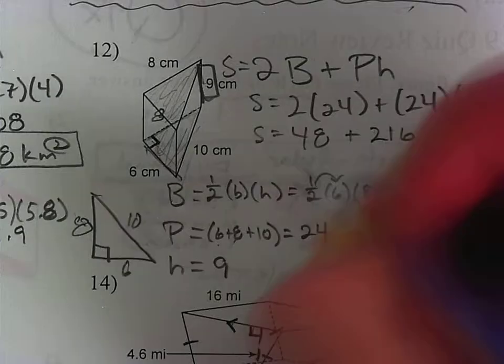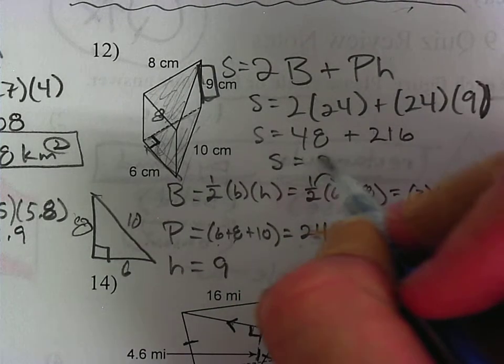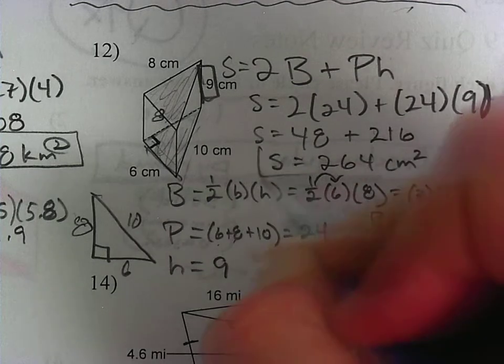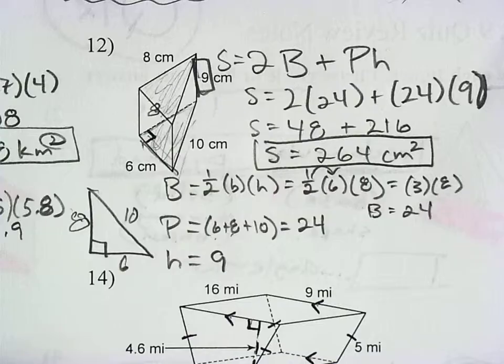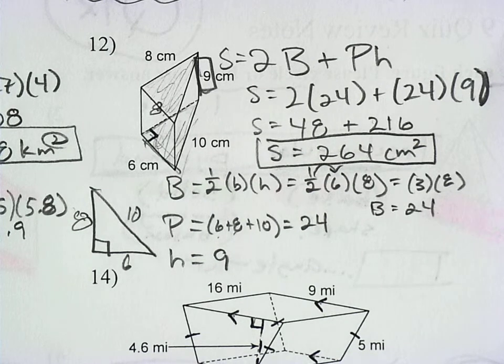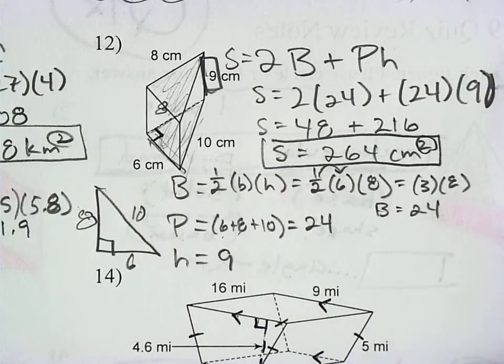Just wanted to double check. And then my surface area is going to be this plus this. So 264. And just double check on your calculator that that's right. And then it would be centimeters squared because we're doing area.